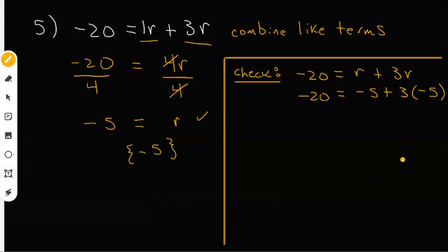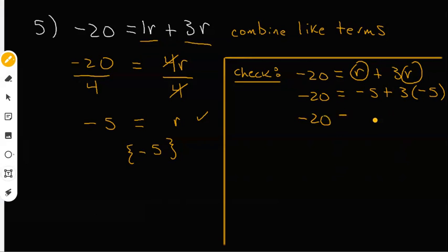So everywhere I see an r, I'm going to replace it with a negative 5 and see what happens. So this r becomes a negative 5, and this r is going to become a negative 5.